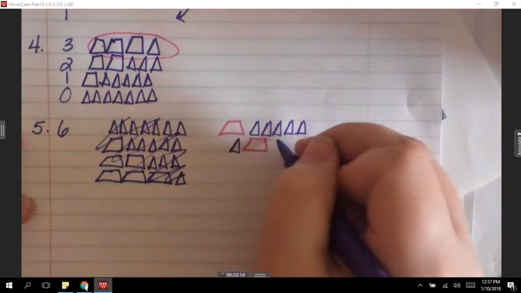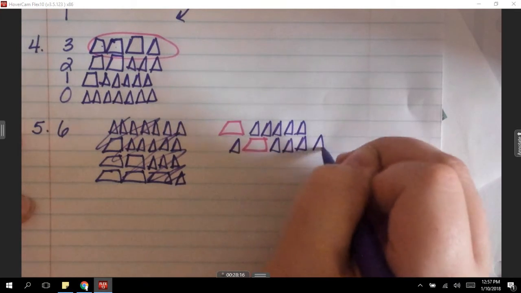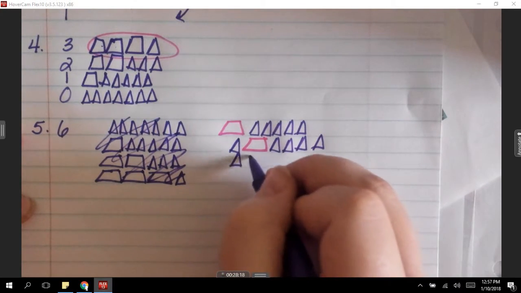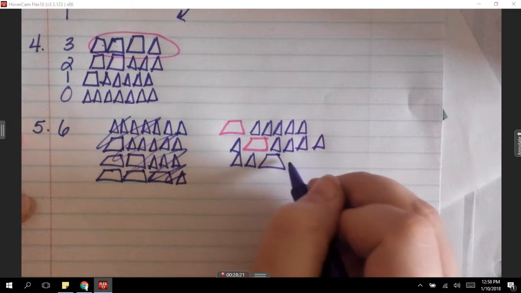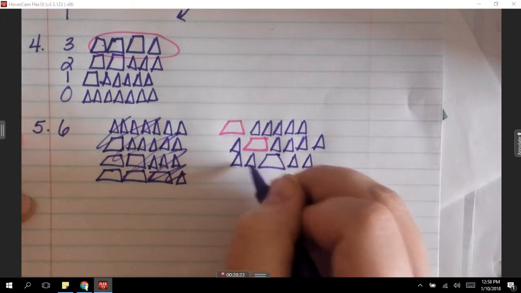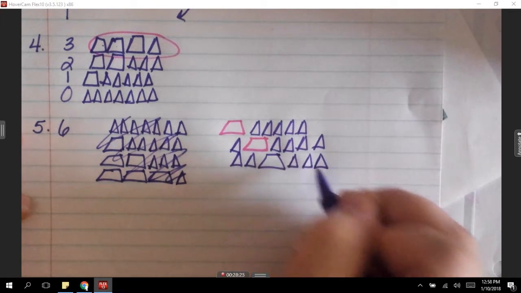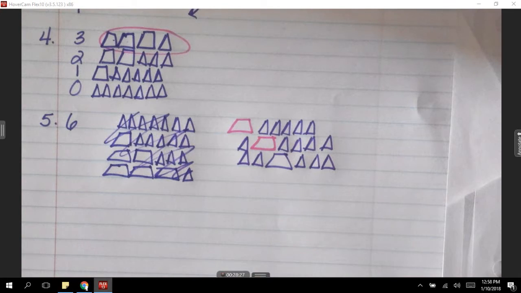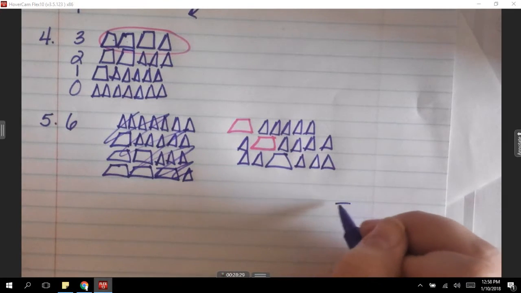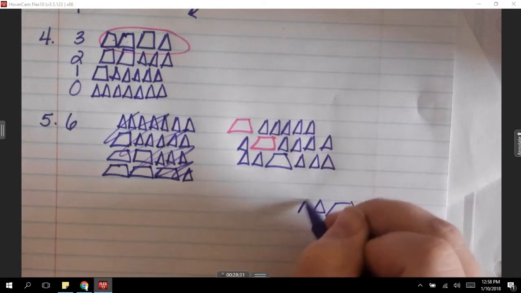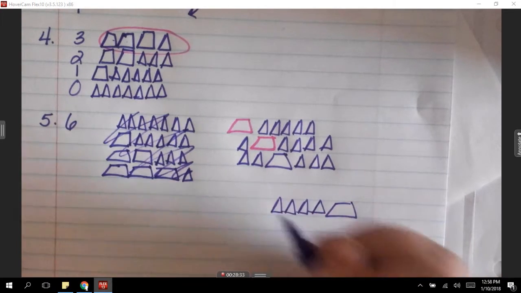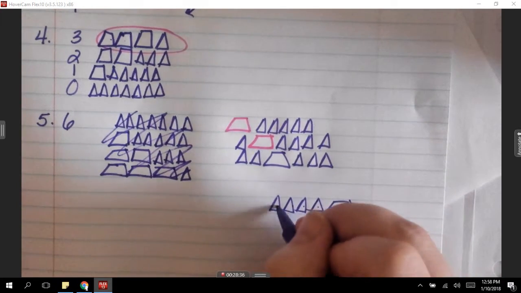I could put that 1 trap in here, and so forth. So I can keep on moving that 1 trap until I have him at the very end.